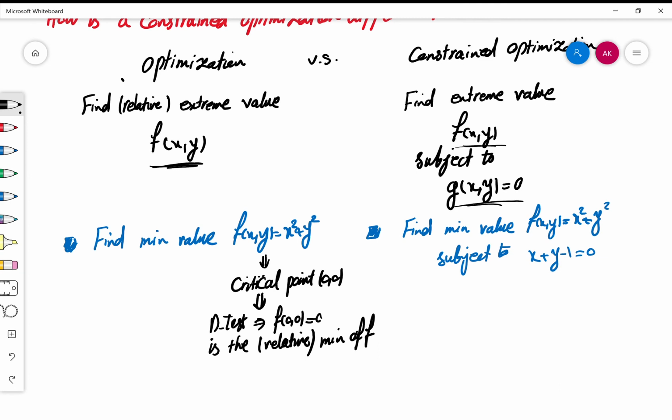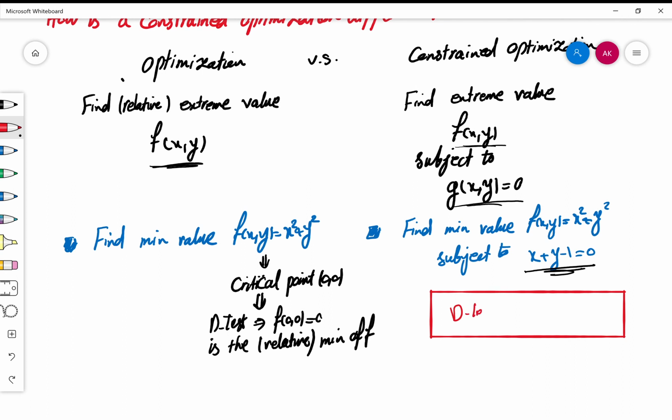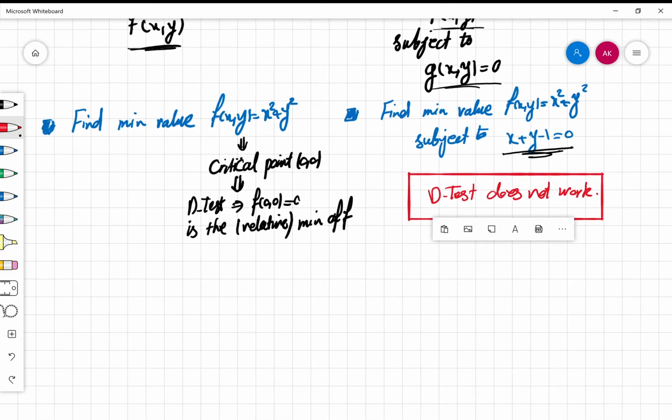But when there is a constraint, then you cannot use the test. Basically, we cannot do anything with this. There is no tool, and this is a big no. The test does not work. So we are looking for a method that we will learn in the next video.